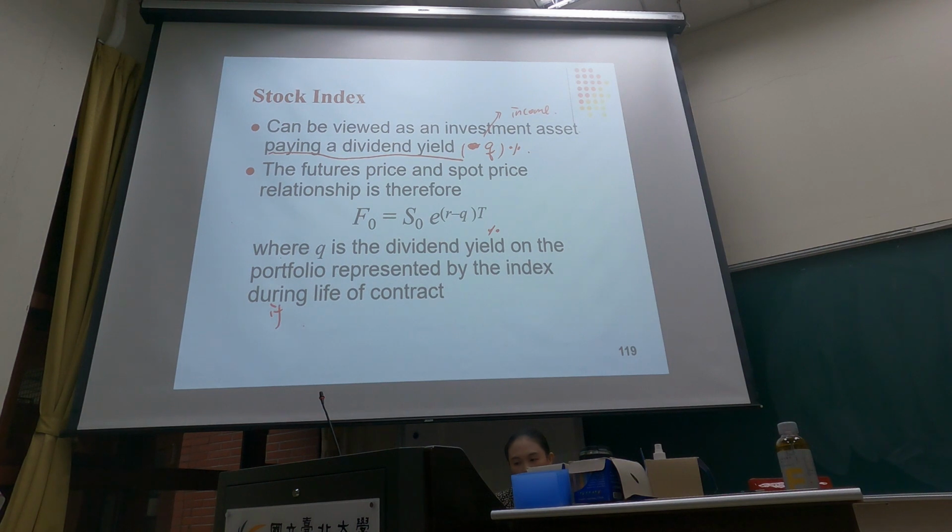So if dividend is in dollar amount, I, remember F0 equals (S0 minus I) where I is the present value of the dividend, times e to the power RT, not minus, e to the power RT.